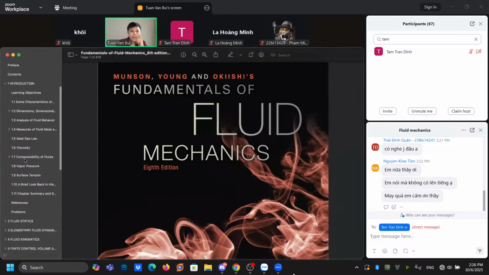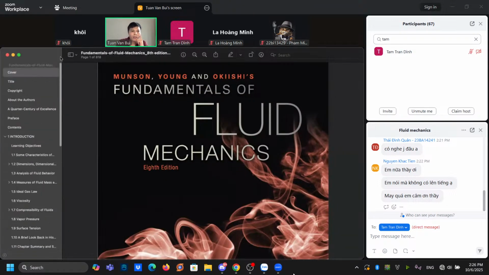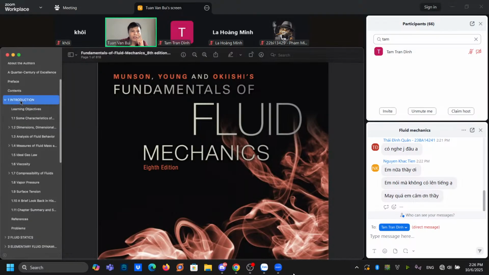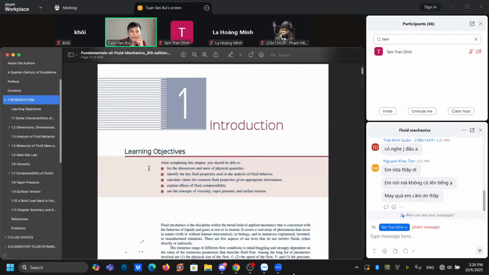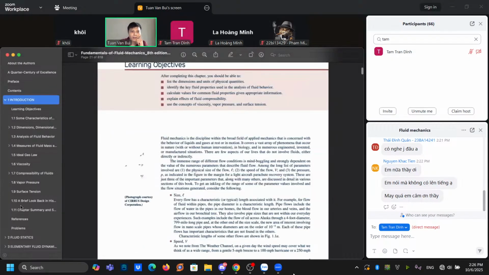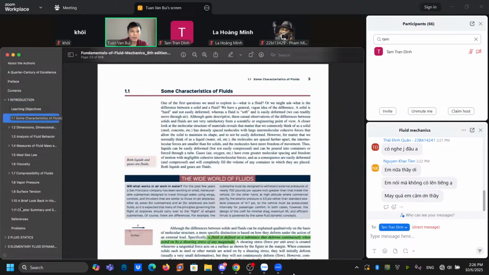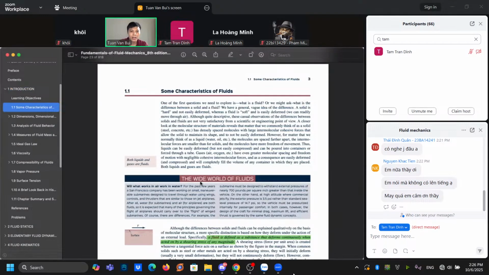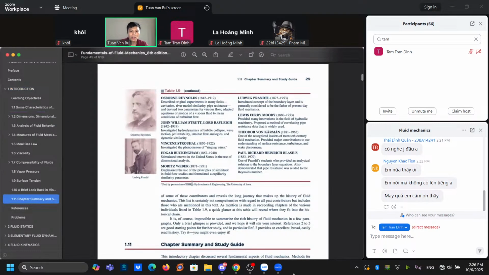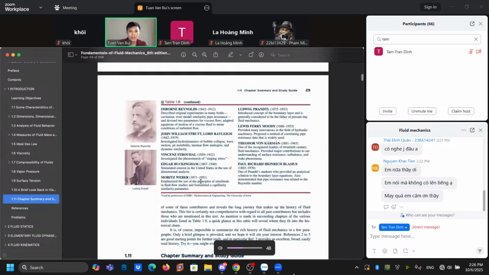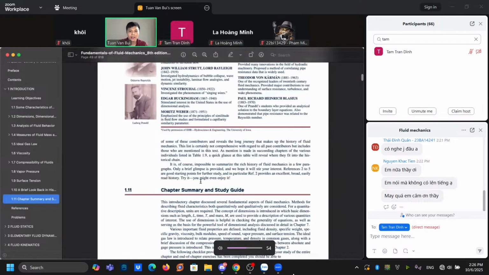If you open the table of contents, you have the introduction. In each chapter, there will be learning objectives, and it's divided into different sections, like characteristics of fluids. At the end, this is the same structure for all chapters, you will have the chapter summary and study guide.